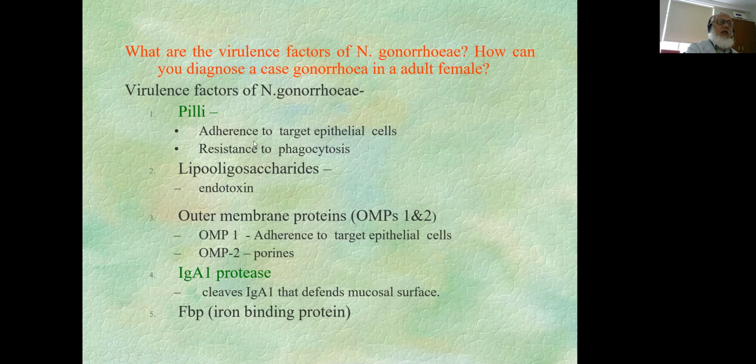Pili help in adherence to the target epithelial cell, that is the genital epithelial cell, and also interfere with phagocytosis. Lipo-oligosaccharide is an endotoxin and, like other endotoxins, has similar action. Outer membrane proteins, Opa and Por, help in adherence to the target epithelial cell. IgA1 protease cleaves IgA1 that defends the mucosal surface.